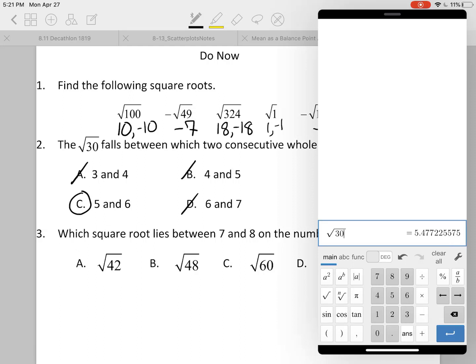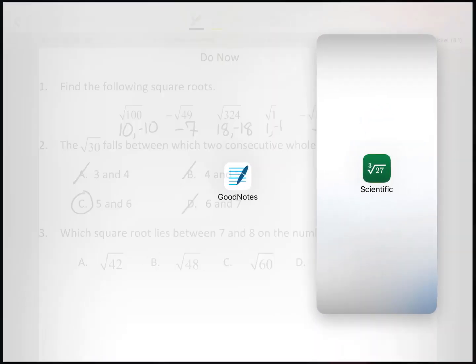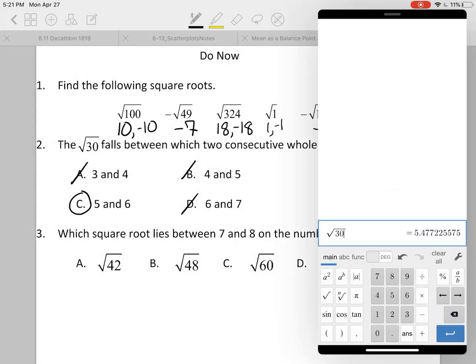Number 3, which square root lies between 7 and 8 on the number line? So we need to find those square roots. The square root of 42 is about 6.5. That does not fall between 7 and 8. The square root of 48 is 6.9.